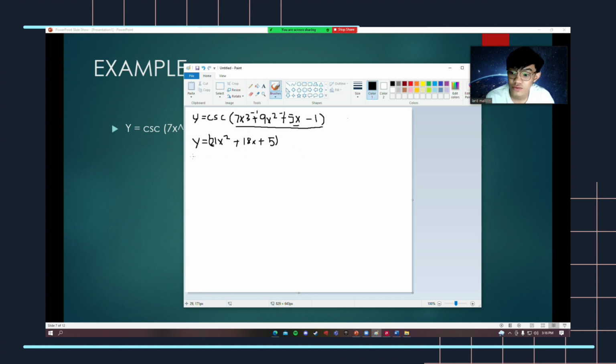Then we need the derivative of cosecant, which is negative cosecant times cotangent.